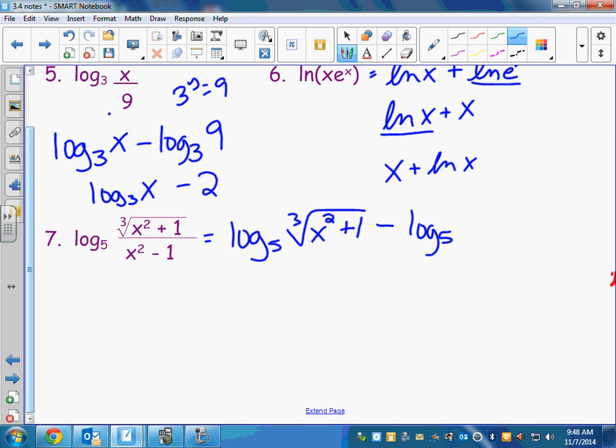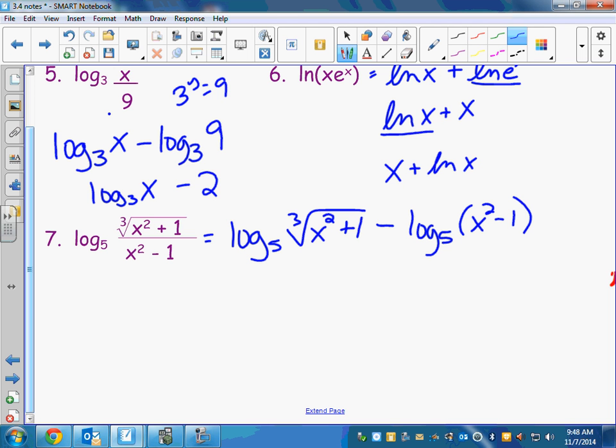I think it's important when there's addition or subtraction in a logarithm that you put parentheses around it, because when there's no parentheses, it's just x, and then you add x. When you show that there's parentheses around it, that tells me all of that is in the logarithm. So parentheses are an important thing when you're doing logarithms.